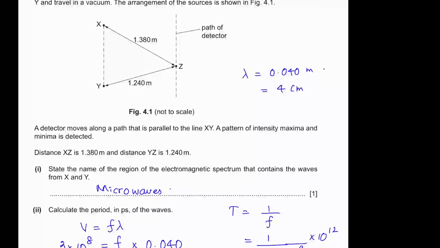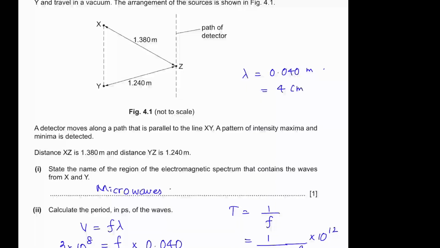Is it 1333? 133.3. No, I'm converting seconds to picoseconds.